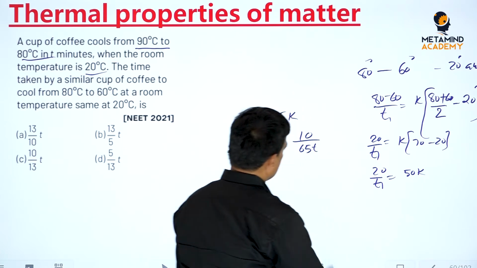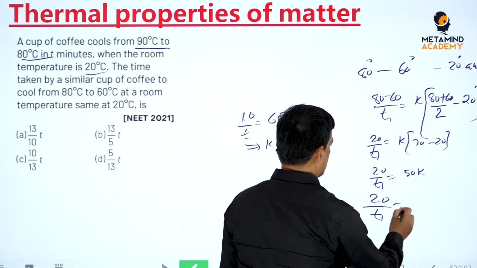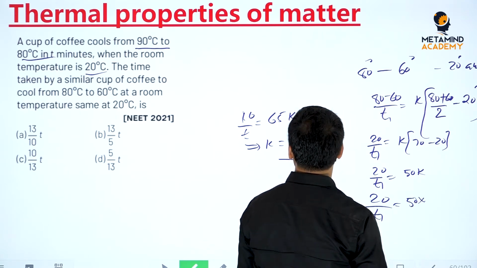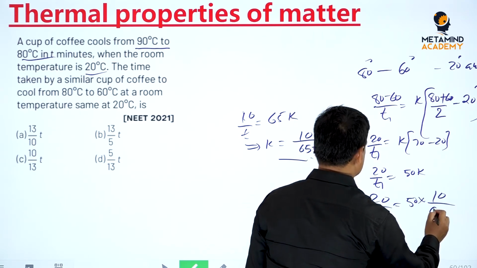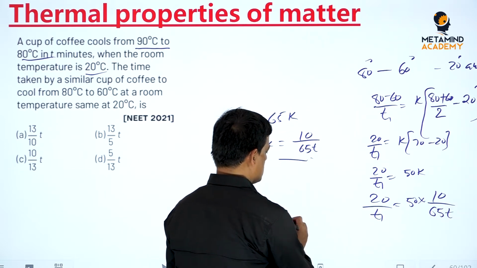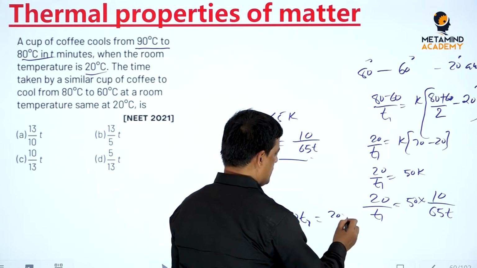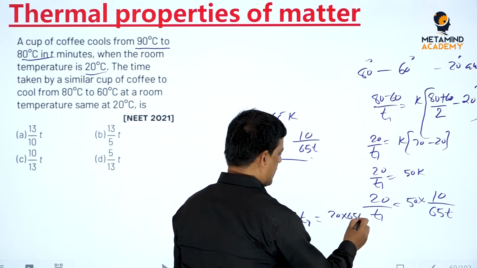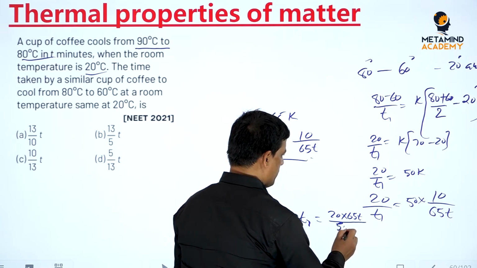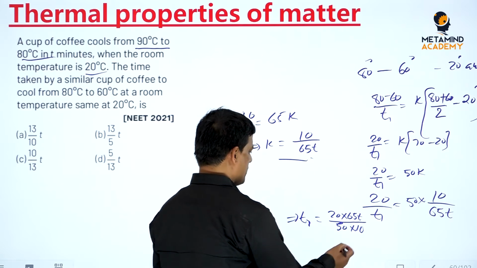Now, this K, we put this value. So, it becomes 20 by T1 is 50 times 10 by 65 T, and hence the time taken T1 will be 20 into 65 T by 50 into 10. Let us solve it.